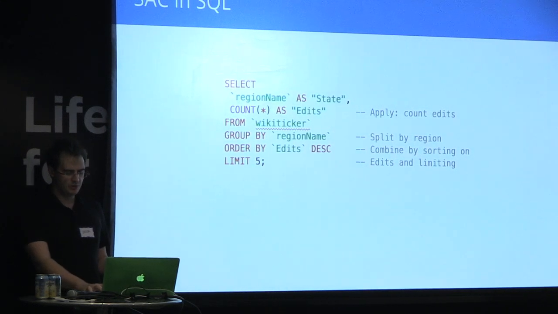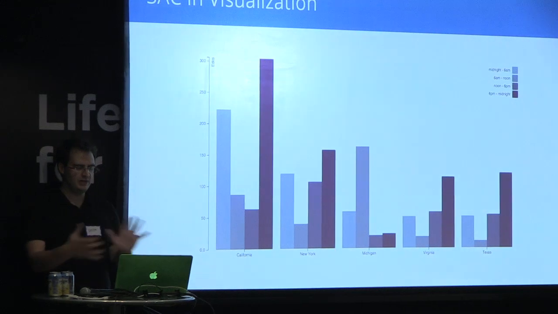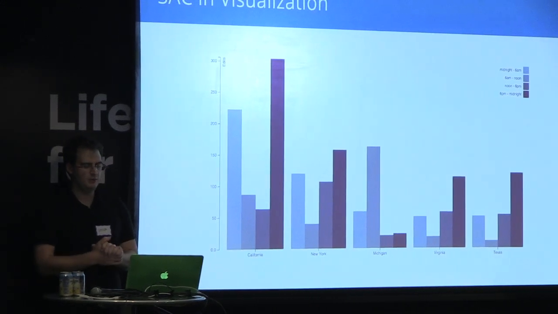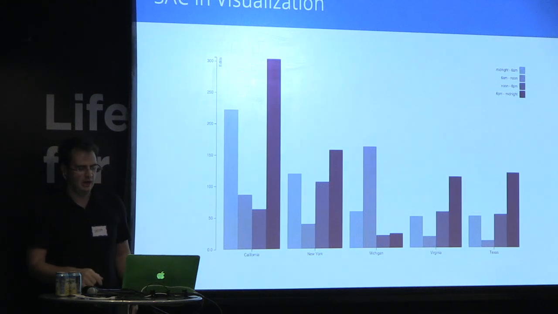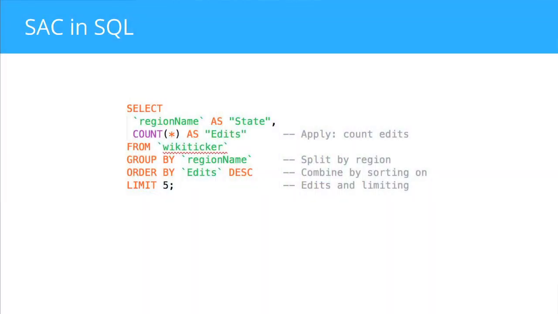So let's break this visualization down and see how we might go about generating it. Let's say this data was in a SQL database that we had to access. We might run a query like that. This is just a query to compute the top 5 states by the number of edits.